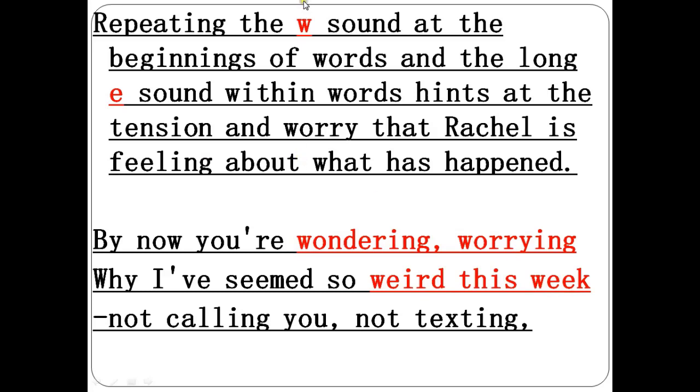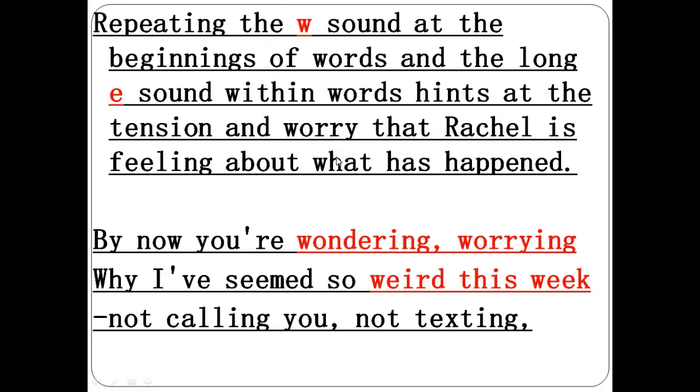So W at the beginning, while the long E sound here: wondering, weird, week. And the assonance, the long E sound, is inside the word while W is at the beginning of the word.